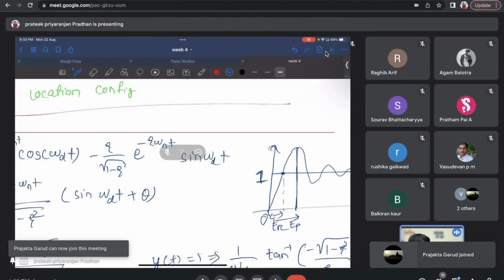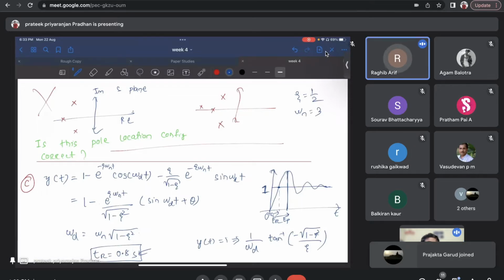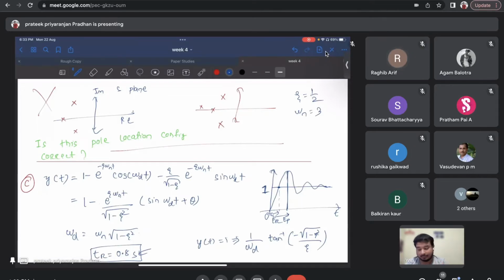Does anybody remember the formula? Otherwise, what you can do is use maxima or minima. Yeah, very good. This expression, you can make the derivative zero and get the maxima. Okay, global maxima.